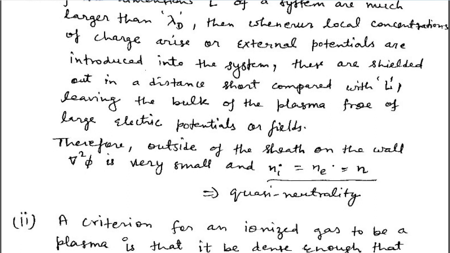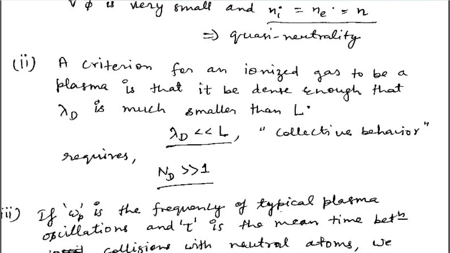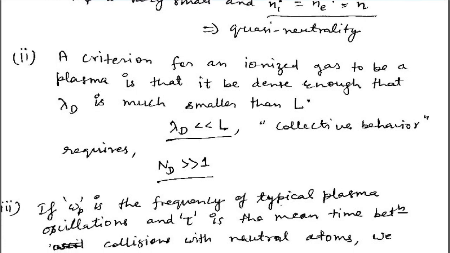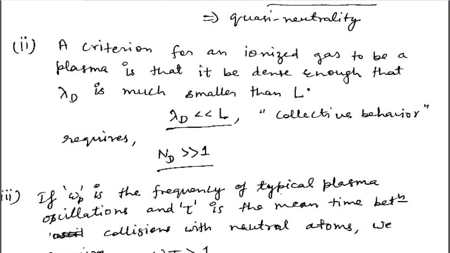Another criterion for an ionized gas to be a plasma is that it should be dense enough that lambda d is much smaller than L, which gives the collective behavior. It requires, as I said previously, that the number of particles should be large enough, not a single one; it should be greater than one. If it is a single particle, no collision occurs. If greater than one, there will be collisions inside.